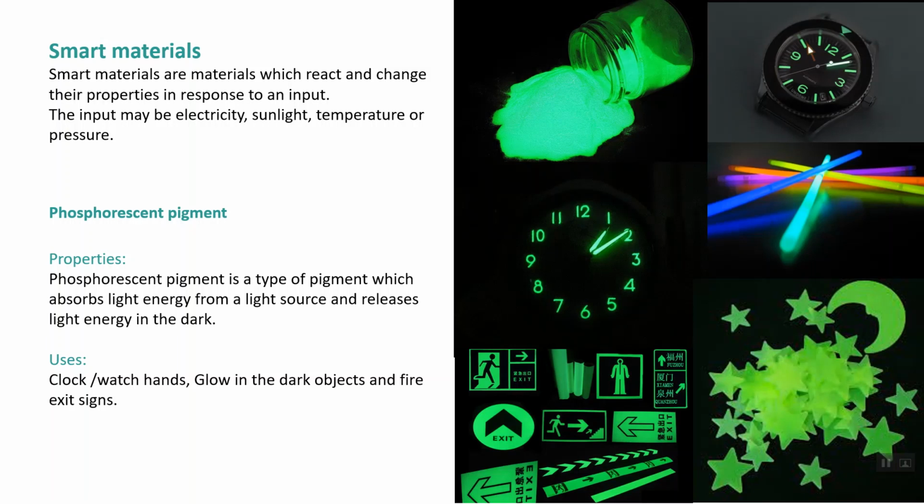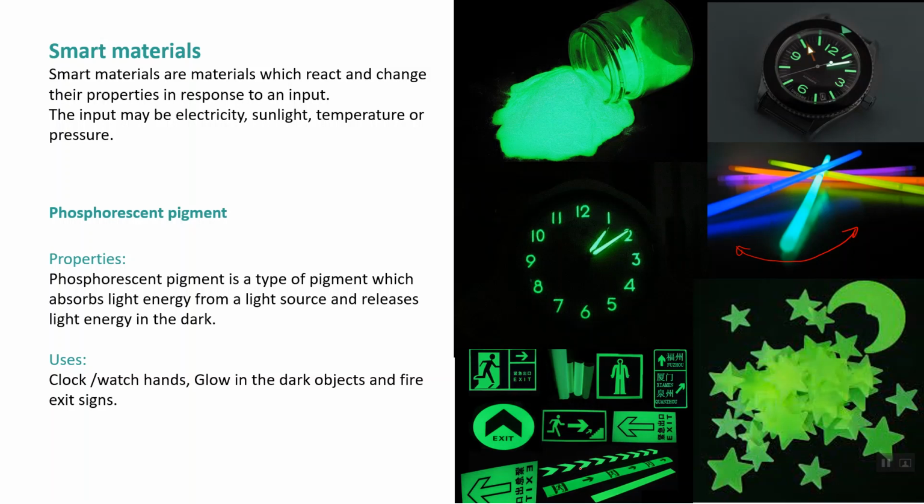Okay, what I said: watches, glow in the dark objects. Par exemple, pour les fêtes, vous allez voir beaucoup de glow in the dark sticks, okay, with different colors, and stickers which we can glue on the ceiling to make decorations, the clocks, the watch, okay, the safety signs which glow in the dark, the exit sign, the toilet, whatever.